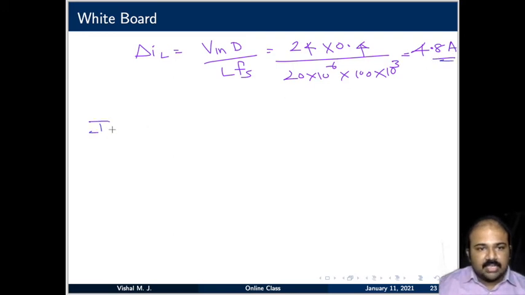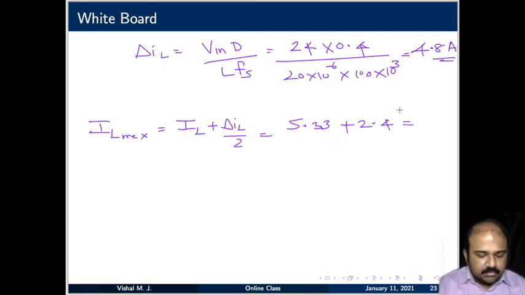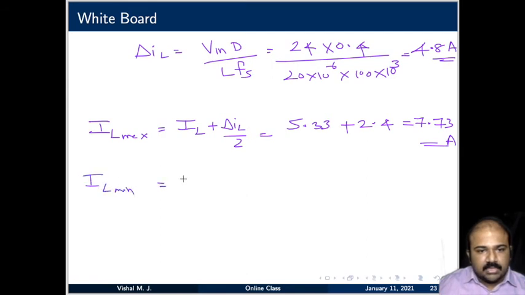Now what is IL max then? Average plus half the ripple. Average is 5.33 plus 2.4, so it would be 7.73 ampere. And what will be IL minimum? The average inductor current minus half the ripple.